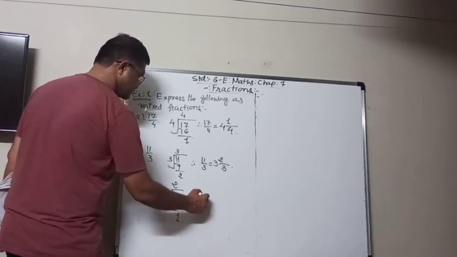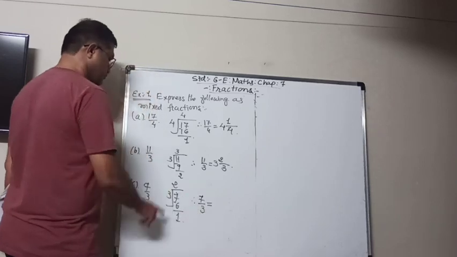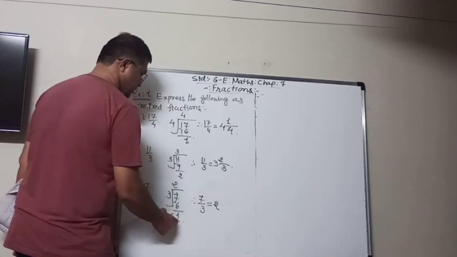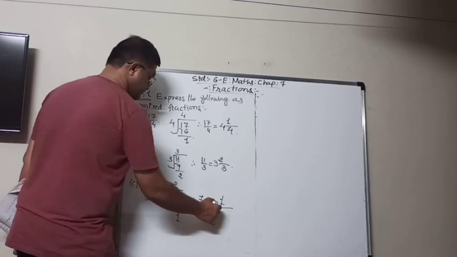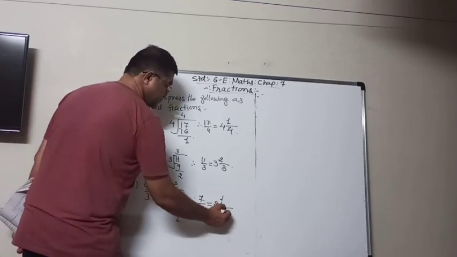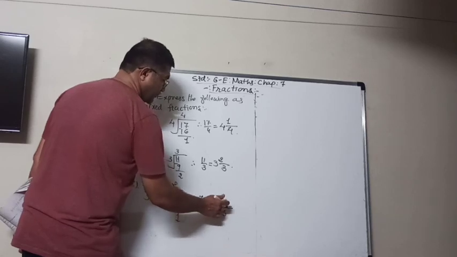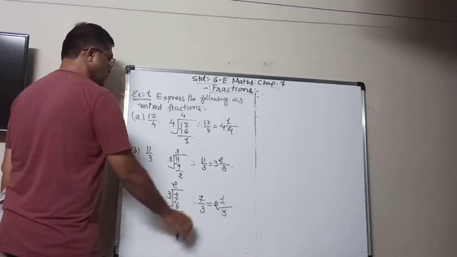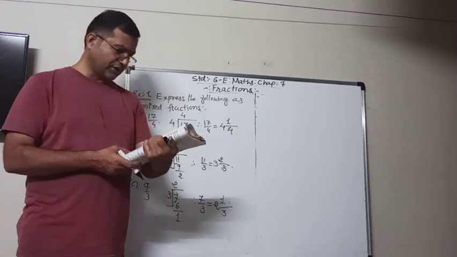So therefore 7 upon 3 is equal to, what is the integer? Quotient is 2, so 2 integer, remainder is on the top, upon 3, keeping the same denominator. So 2 integer 1 upon 3 is the mixed fraction expressed from the improper fraction.